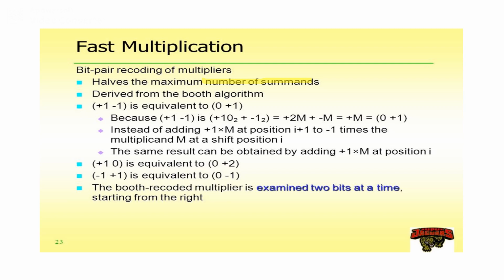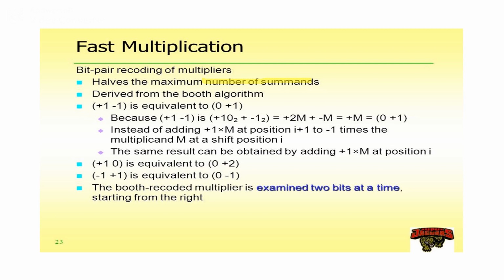That means if you have around 4 partial products to be added in the case of the Booth algorithm, in the fast multiplication method the number of partial products will be equal to 2.